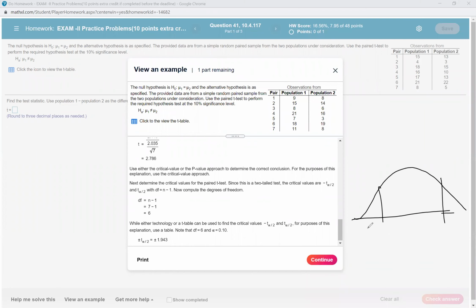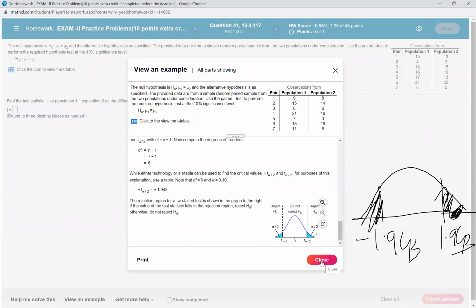The critical values are negative 1.943 and 1.943, and the test statistic is 2.786. So it is somewhere here, right? 2.786 is on the right side of 1.943, which means it is in the rejection region. So we reject the null hypothesis in this case. Let me see their conclusion.